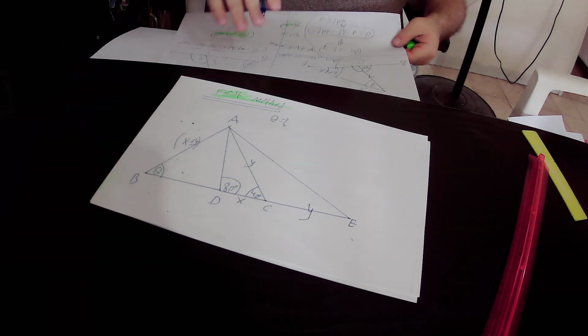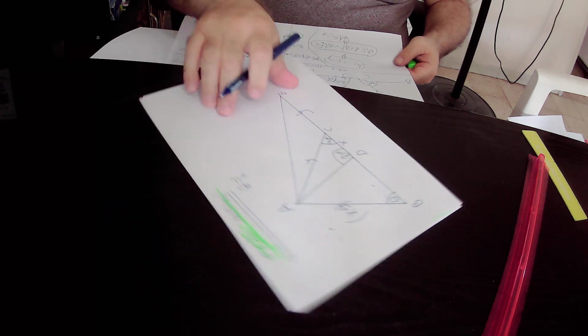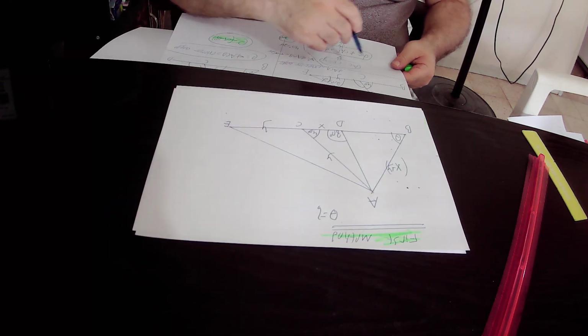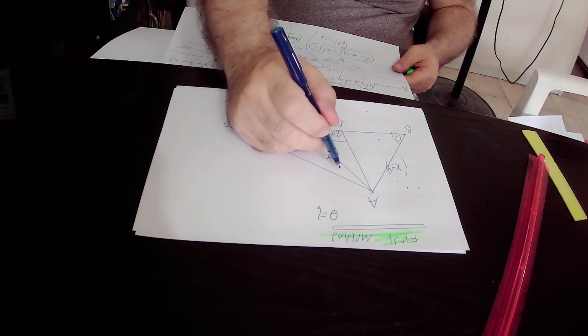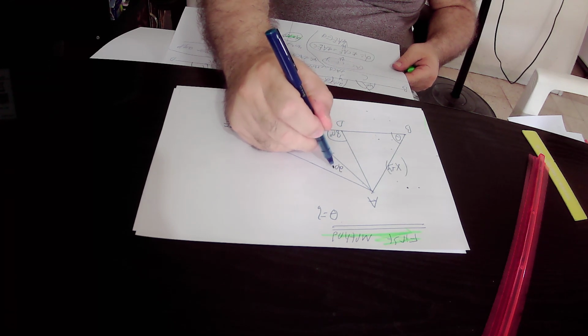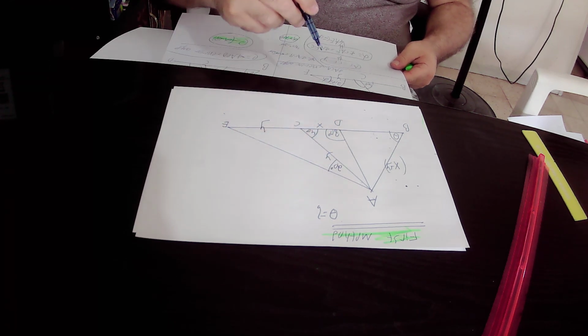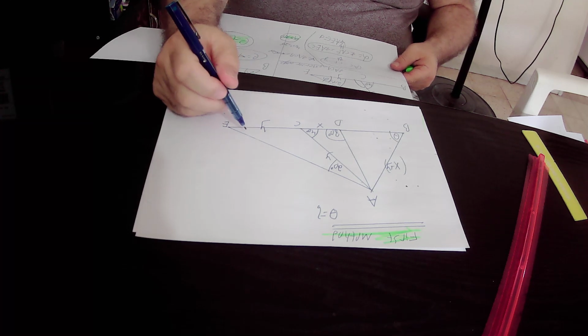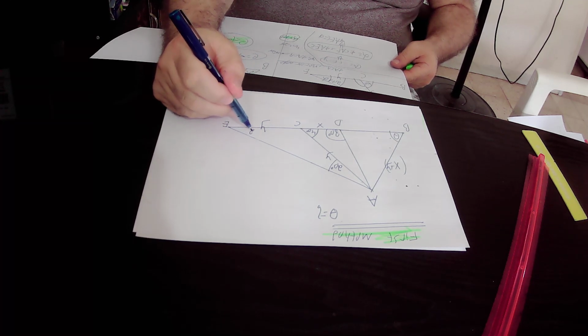So here angle CAE equals alpha, that is equal to 20 degrees, and this angle CEA, that is also equal to alpha, is equal to 20 degrees.